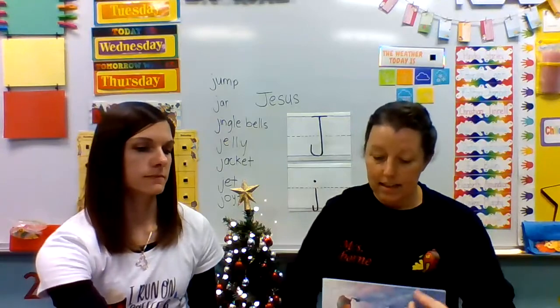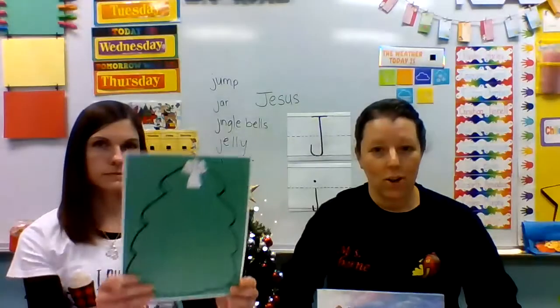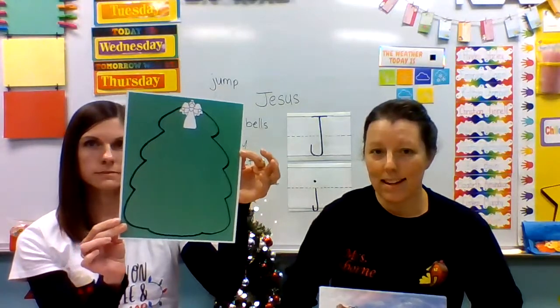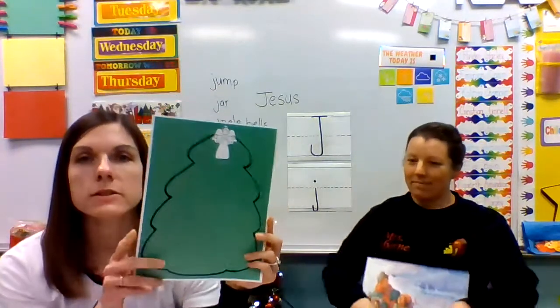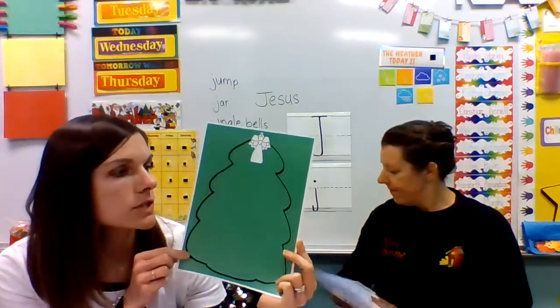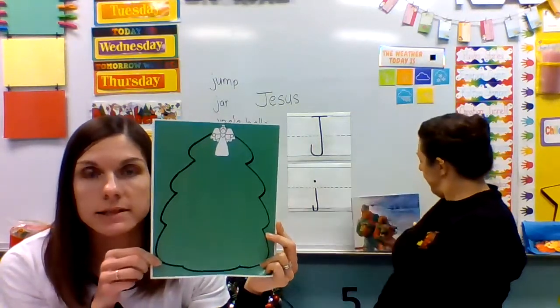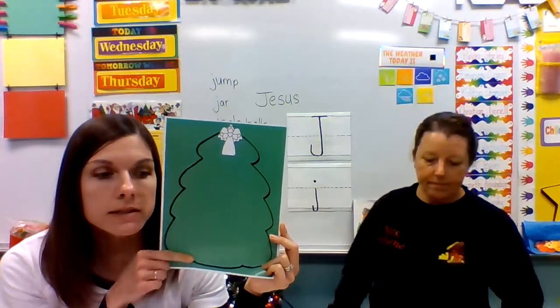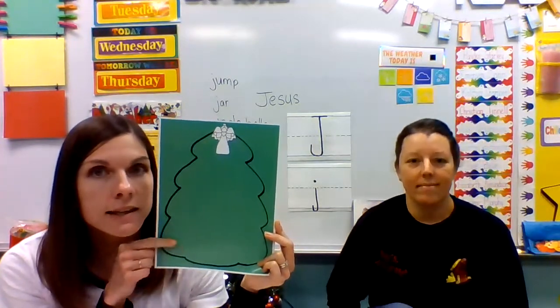All right, so we have a craft that is a Christmas tree that Mrs. Posey is going to tell you about. All right, boys and girls. So we have this Christmas tree, and what I want you to do is decorate it. I want you to draw ornaments. You can put candy canes on there.